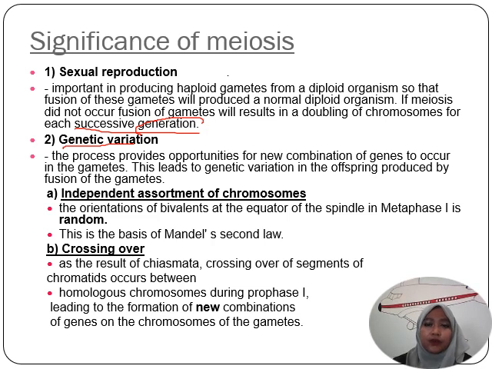Even though you are produced from the same parents, siblings are quite different. That is genetic variation, meaning a new combination of genes that might be different from one offspring to another. Genetic variation is brought by independent assortment and also crossing over in prophase 1, as I mentioned earlier.